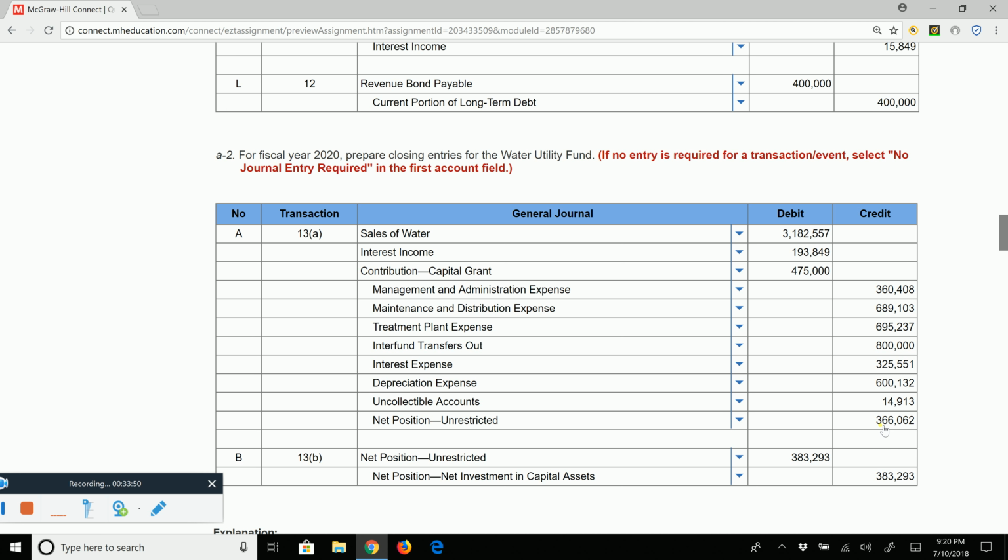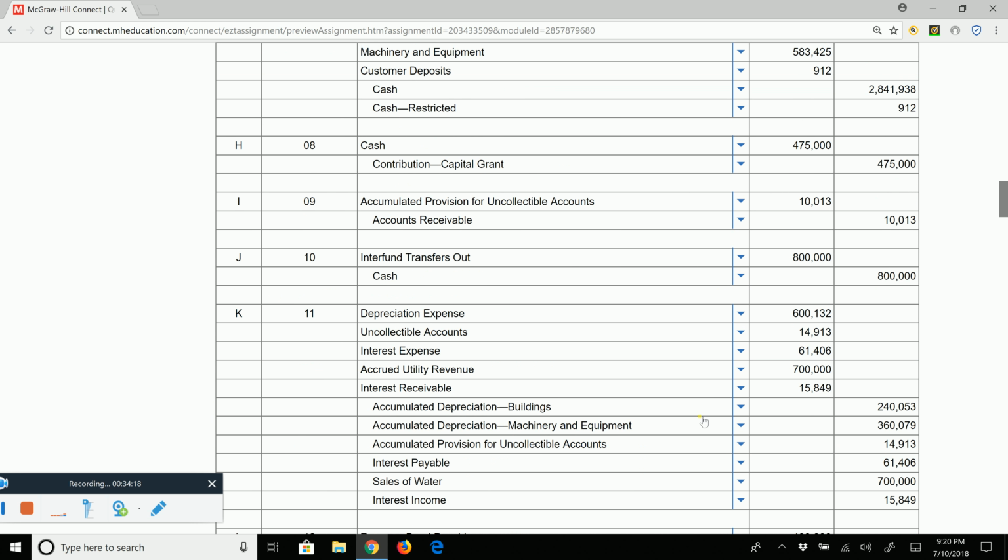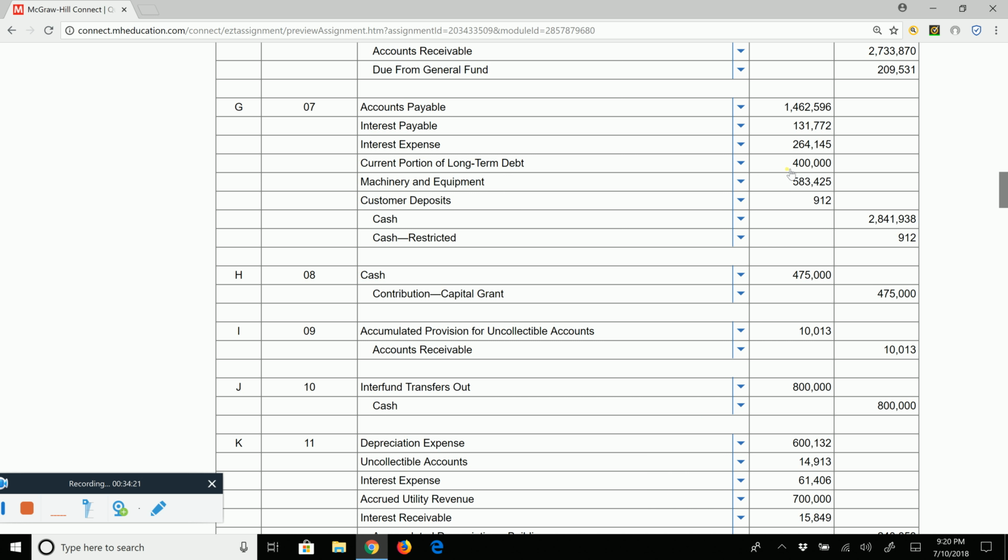And then after we close out the unrestricted net position, we will then update our restricted and our net investment in capital assets. From what I saw in these 12 journal entries, I didn't see anything that was restricted but that affected equity. But what I did see is that there were some transactions that affected net investment in capital assets. And there's really 3 of them. This machinery and equipment increases net investment in capital assets. So does this $400,000 payment.